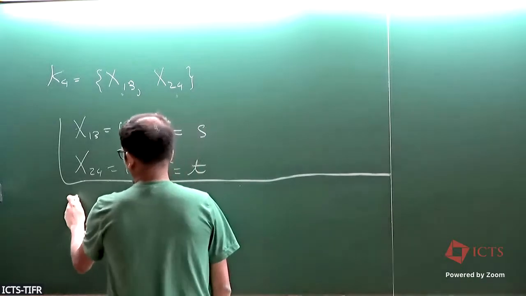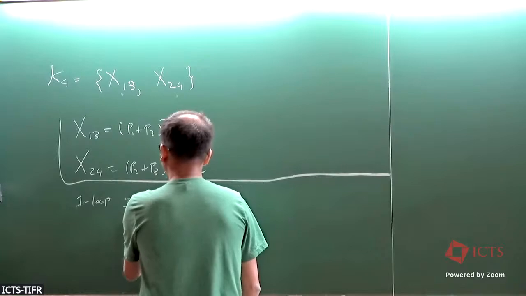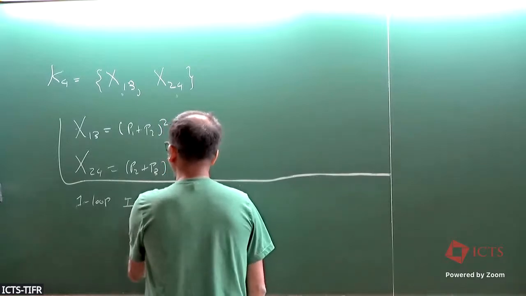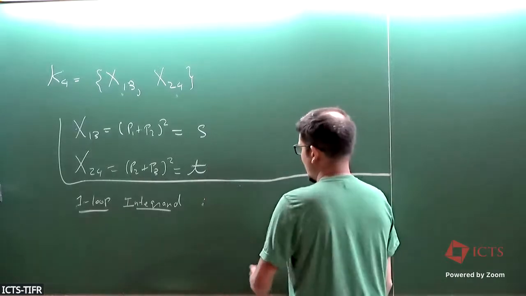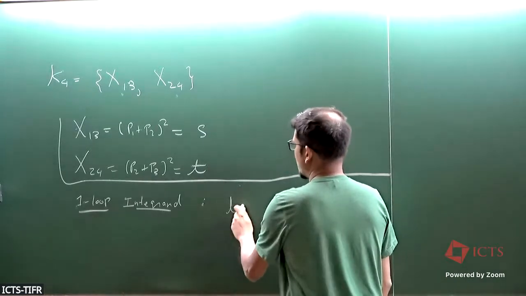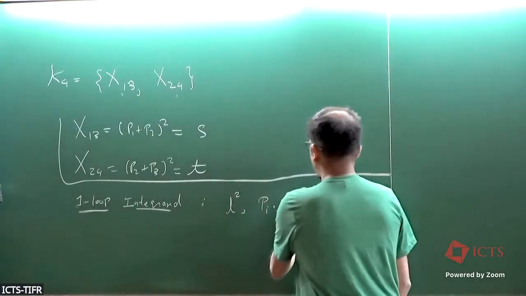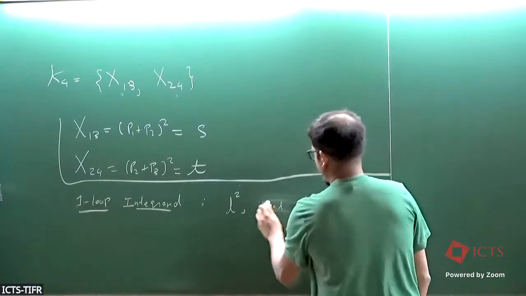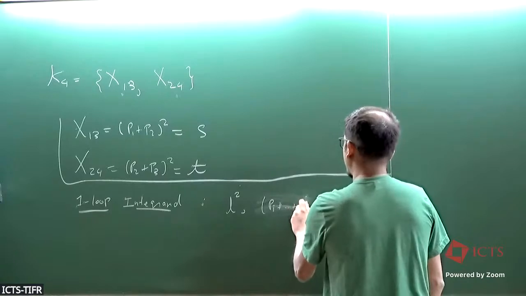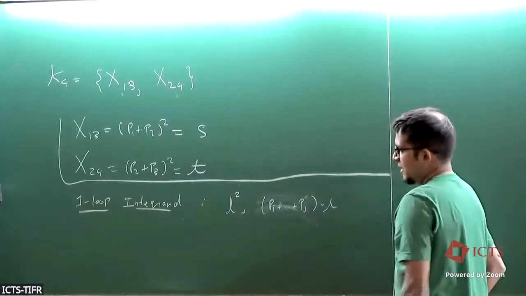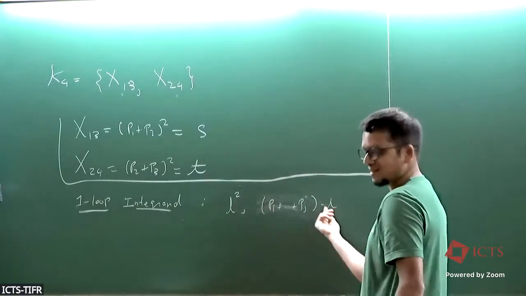So at the level of one loop integrand, if l is a loop momentum, then l square, then pi dot l, or some pi plus dot dot dot pj dot l. These are all Mandelstam invariants. And so again, we have to find an independent basis here. And a nice basis in this space is the following.